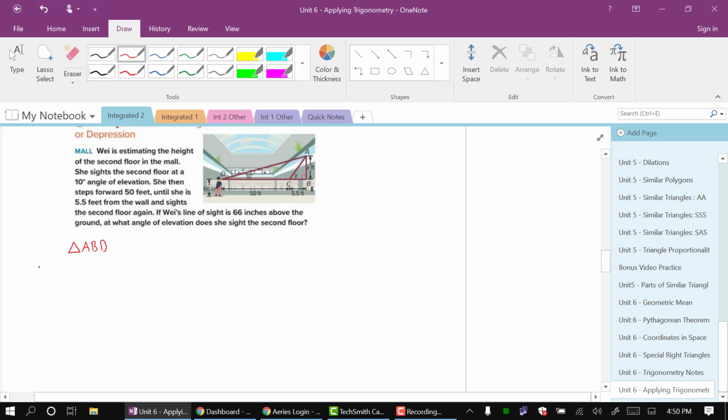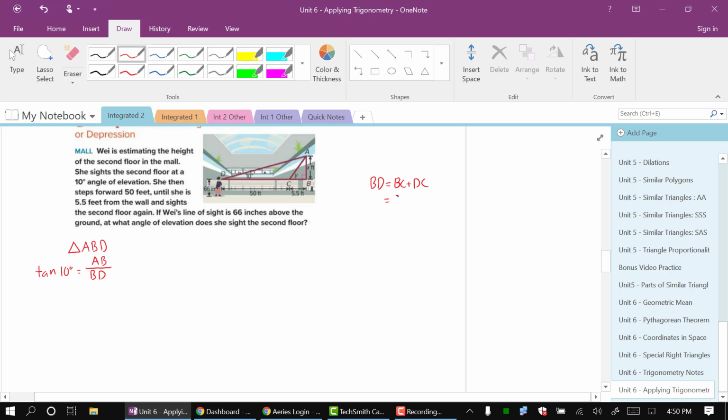So that's going to be tangent of 10 degrees equals AB over BD. Well, BD, as we just said, was 50 plus 5.5. So BD equals BC plus DC.